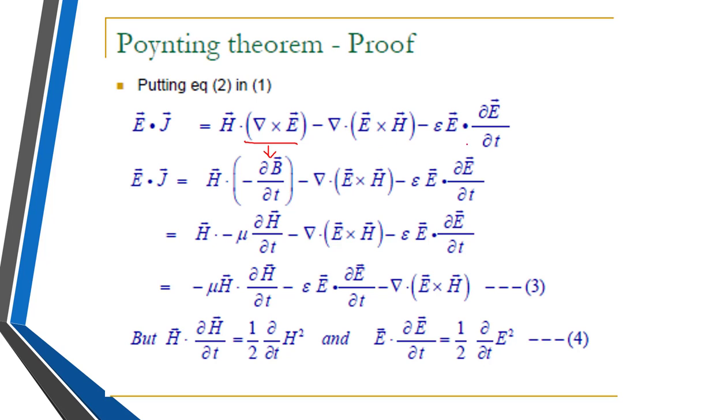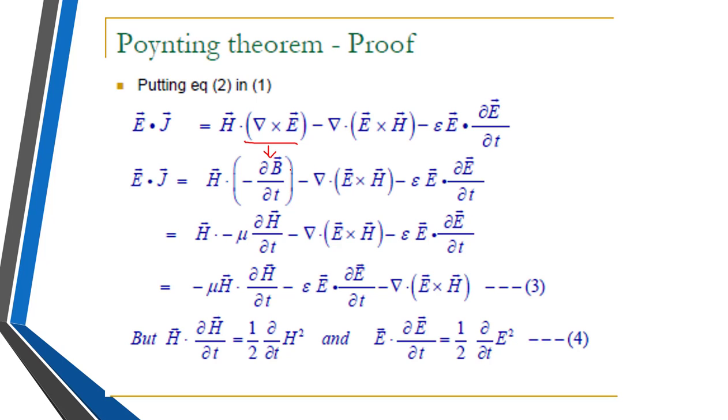This is one more Maxwell's equation. Keeping all the terms as it is, we write the equation once again: E bar dot J bar is equal to H bar dot minus dou B by dou T minus del dot E bar cross H bar minus epsilon E bar dot dou E by dou T.